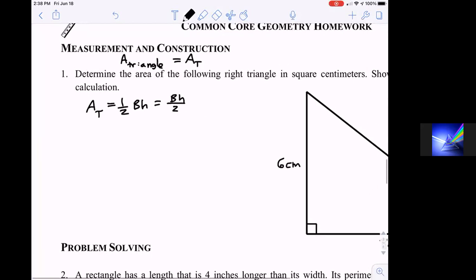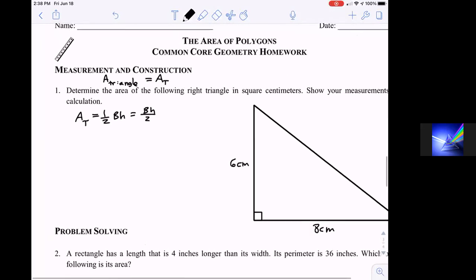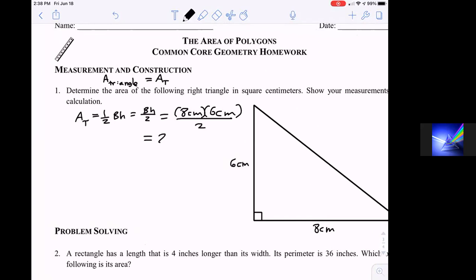It's probably easier to do it that way. Which would be 8 centimeters times 6 centimeters. Now I'm going to put the units in there this time just to show you how the units play along with this. So 8 centimeters times 6 centimeters divided by 2. Well, that'd be 48 divided by 2, which is 24.